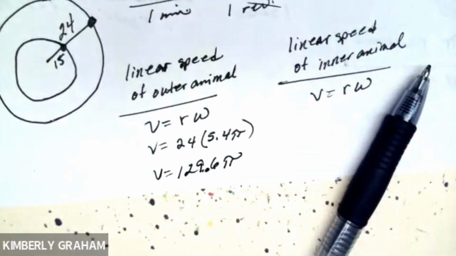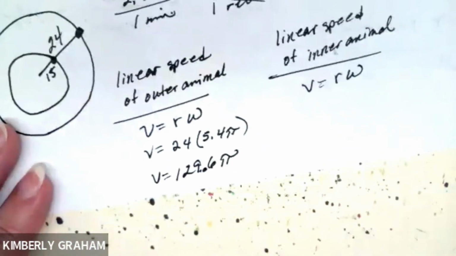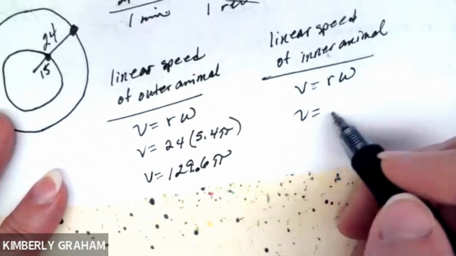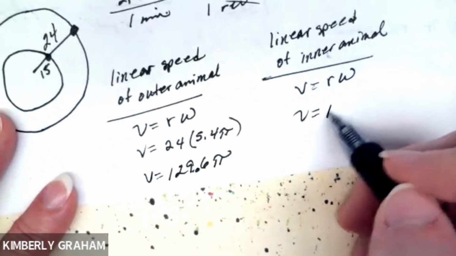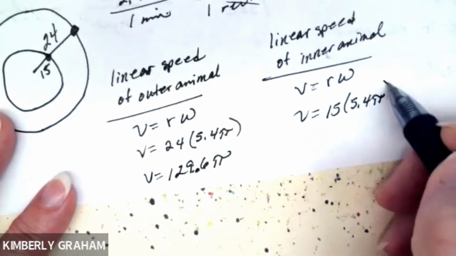Double check that. 24 times 5.4, yep, 129.6 pi. And then for the inner animal, my speed is going to be 15 times 5.4 pi.